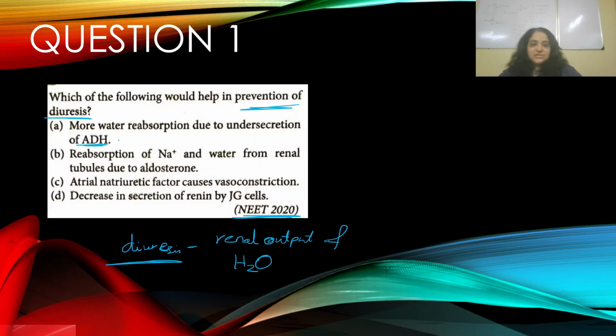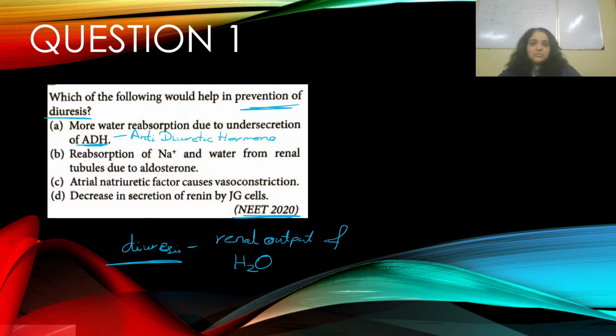Now what is ADH? In case you didn't know, ADH is anti-diuretic hormone, which you will come across when you study chemical coordination. As you can see from the name itself, it's anti-diuretic hormone. Now what is the job of ADH?